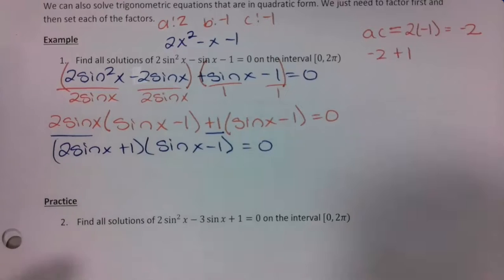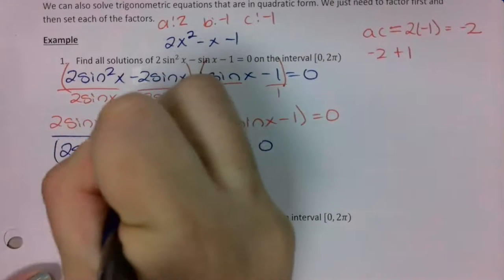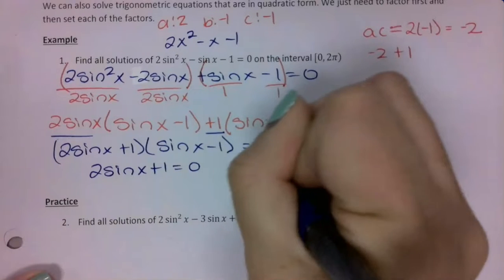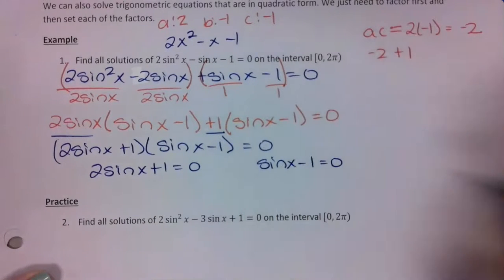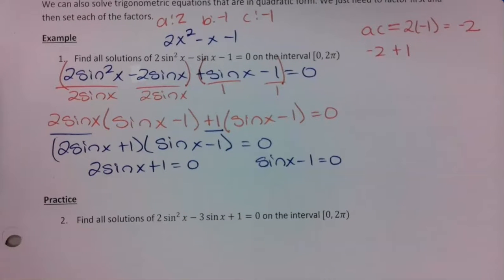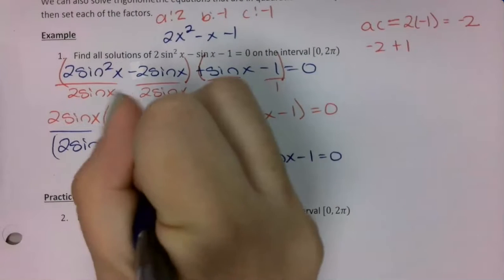Set them equal to 0. So on this first one, I want to subtract 1 on both sides.